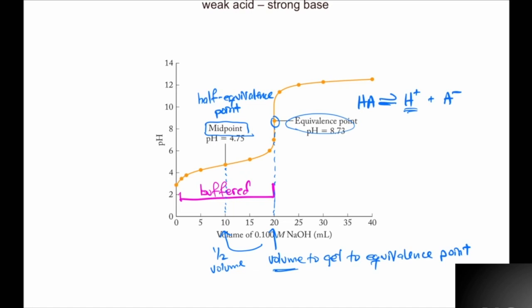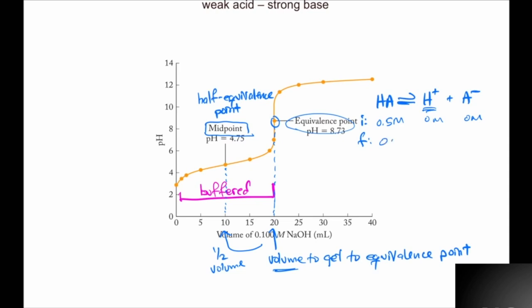So if we had initially, let's say, 0.5 molar HA and nothing here, nothing here, then we don't need to build a RICE table because here we're at the equivalence point. So we've neutralized all of the acid. That means at the equivalence point, there's no longer any acid here.